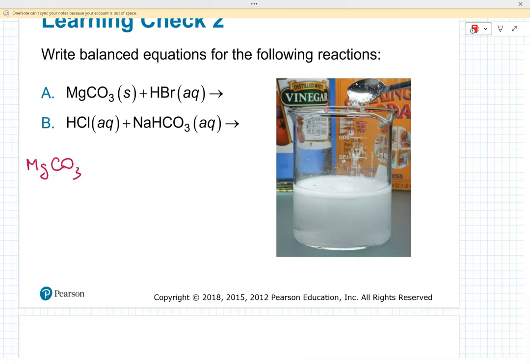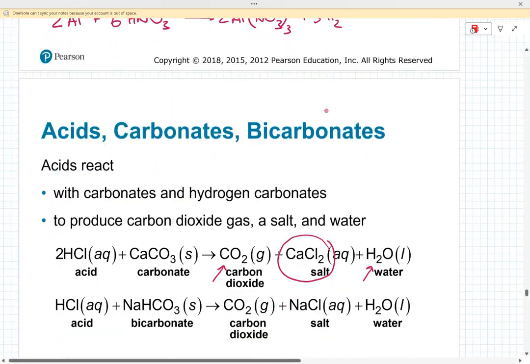So, magnesium carbonate plus hydrobromic acid. Tell me the products. If it's carbonate, what's going to happen? They're going to form salt. Yes. Look.